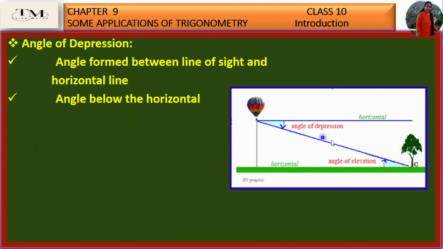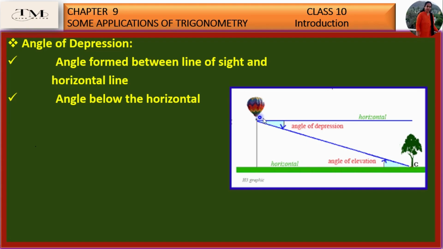A viewer is in the parachute, looking down at the tree. The angle formed between the horizontal line and this line of sight is called the angle of depression, and it is below the horizontal line.